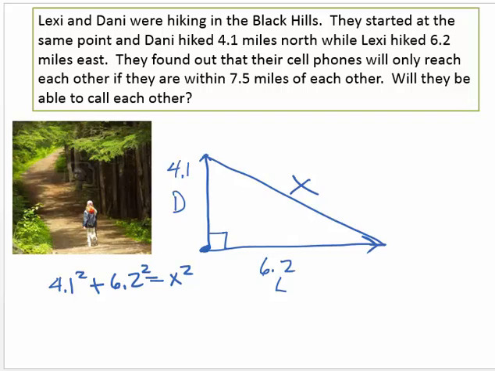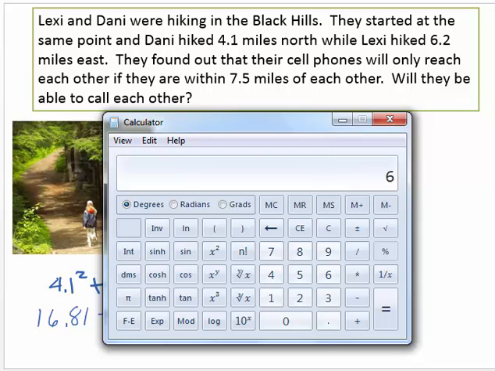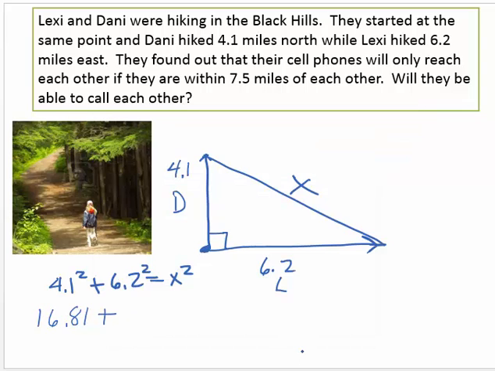So I have 16.81 plus, now I have to take 6.2 squared. 6.2 squared is 38.44. And that equals x squared.